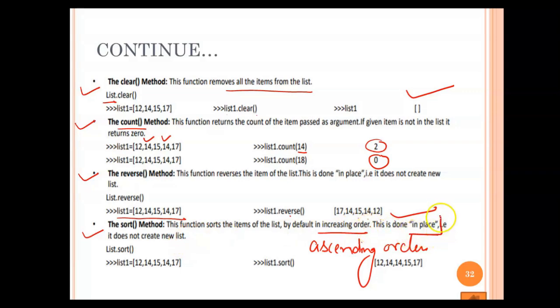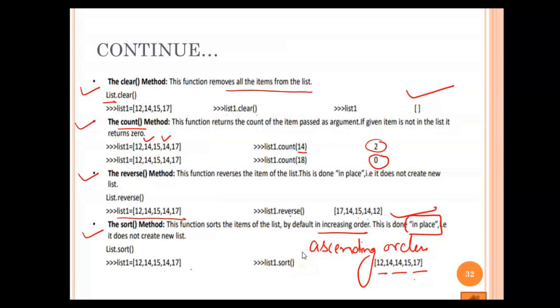In place means it is going to update or sort the same list only. So here we have list 1 and elements are given. We have list 1 dot sort. So how will the elements be arranged from smaller to bigger? The smallest element is 12, then 12, then 14, then 15, and then 17. So the elements are sorted.